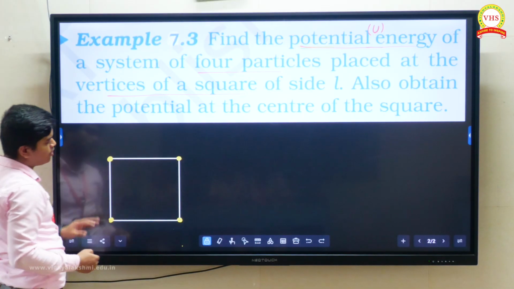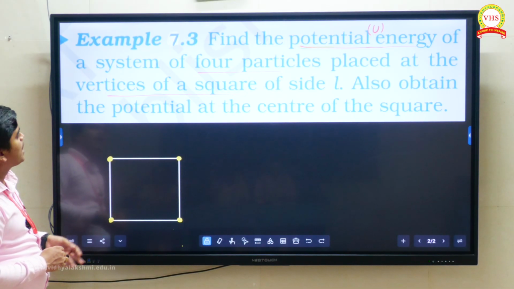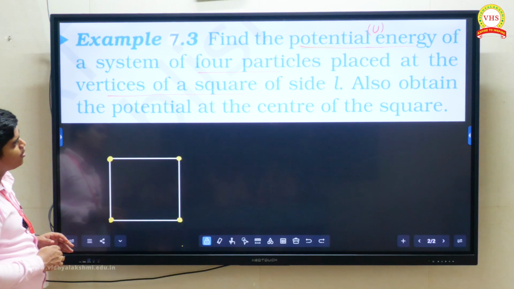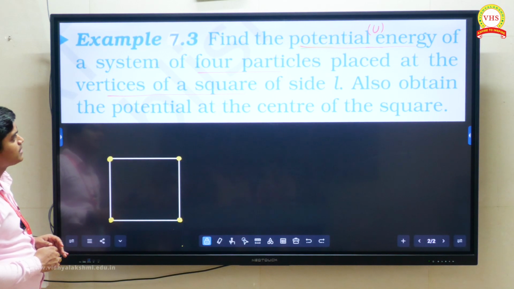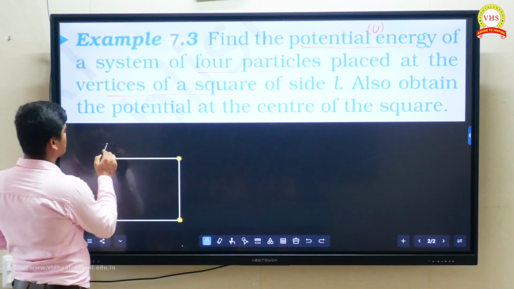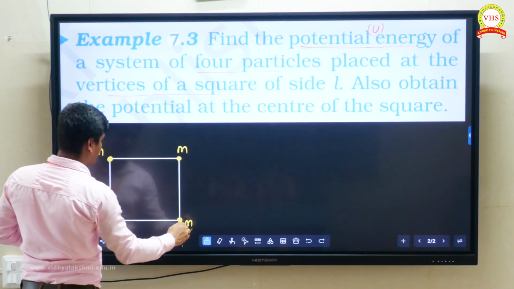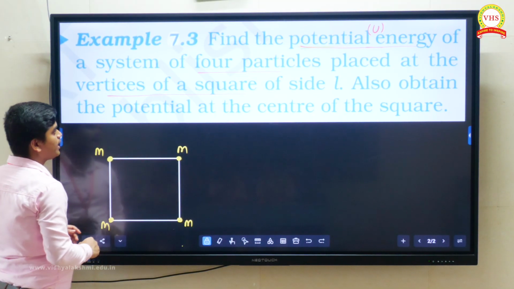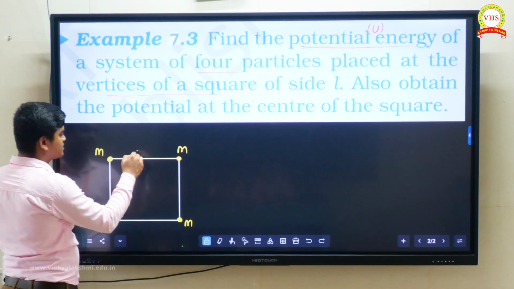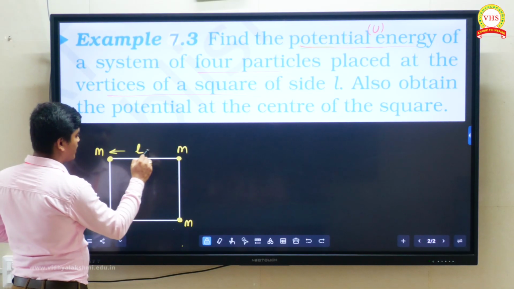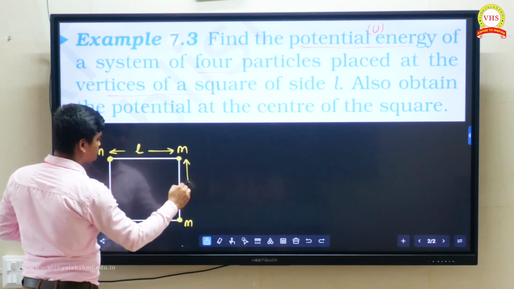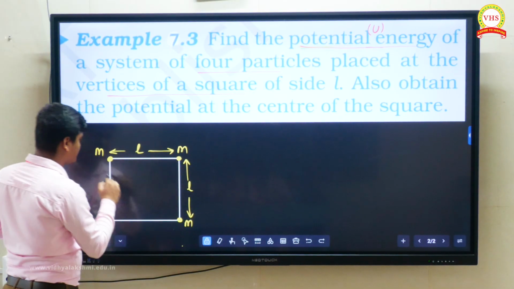They are saying all these masses are equal. Consider equal mass. And the square side length is L.